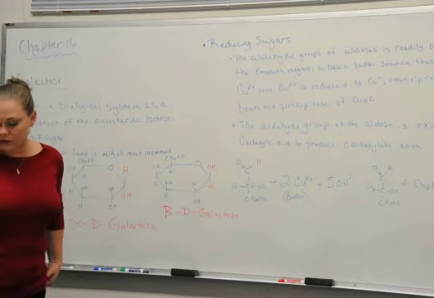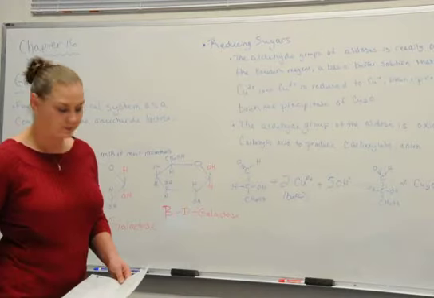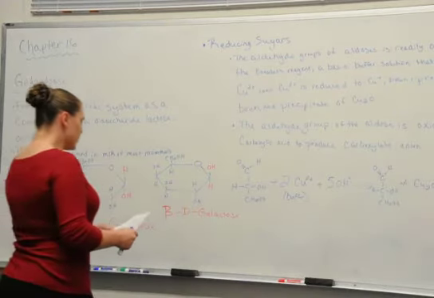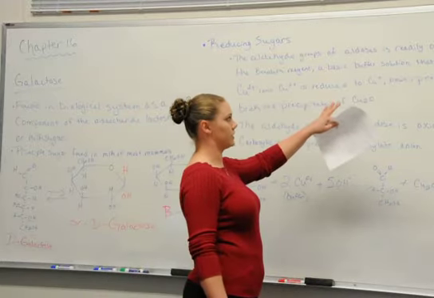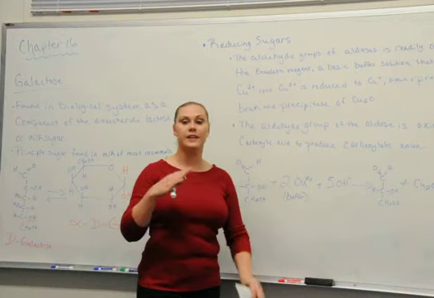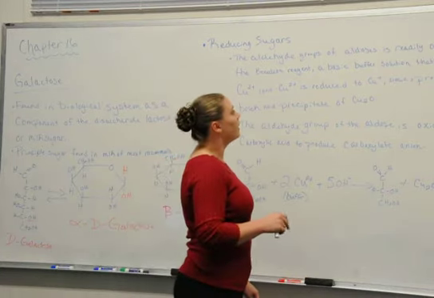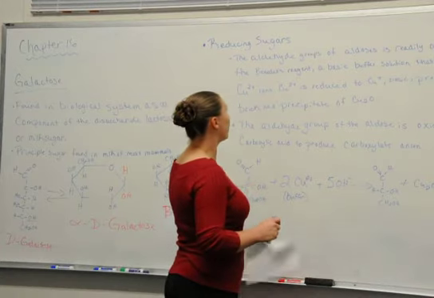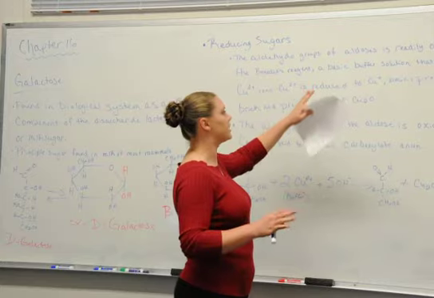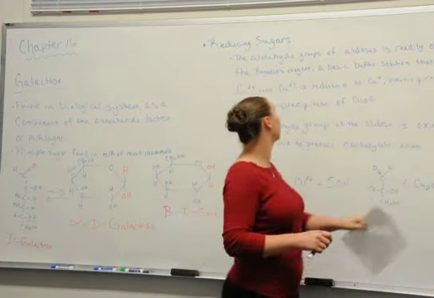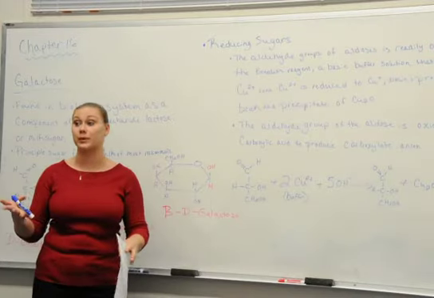So, on to the reducing sugars. The book says that the aldehyde group of aldoses, remember the aldoses are the carbohydrates that contain the aldehyde, is readily oxidized by Benedict's reagent. Remember that reagent is just a basic buffering solution that contains Cu2+ ions, which is copper.